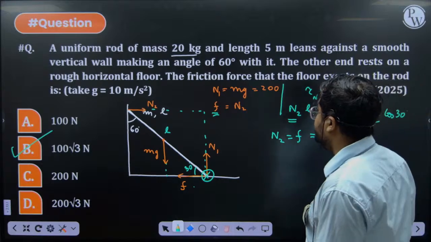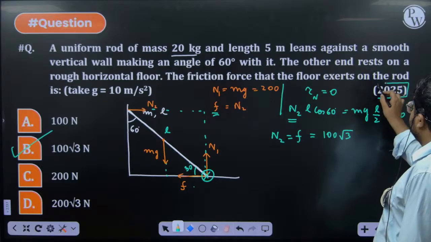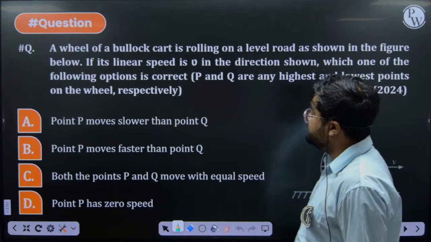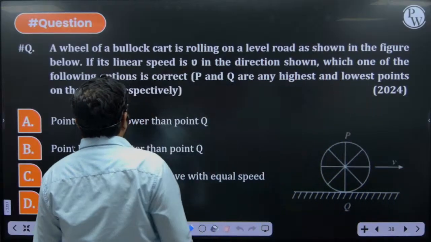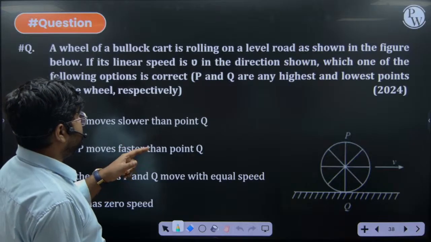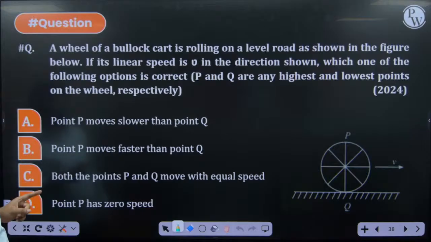Okay, equilibrium question. It was also asked in the year 2025. Let us see another question here. The wheel of a bullock cart is rolling on a level road as shown in the figure. If its linear speed is v in the direction shown, which one of the following options is correct?